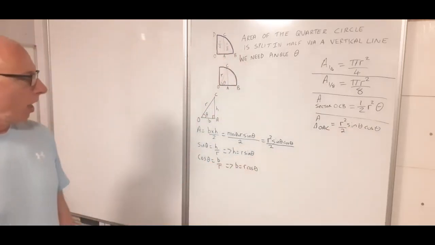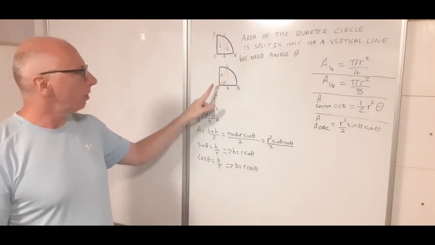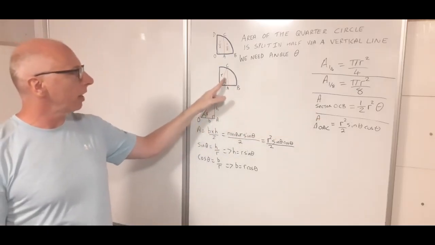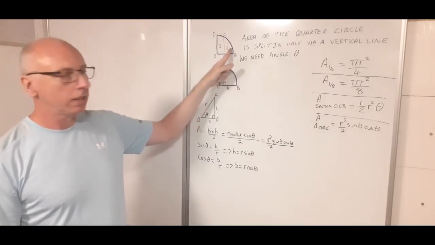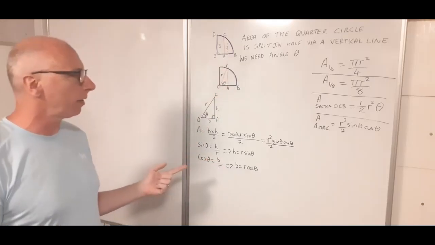Now if I find the area of the sector OCB and subtract the triangle, I'm going to get 1/2 in terms of here. Then that will give me some way I can perhaps find my angle theta.